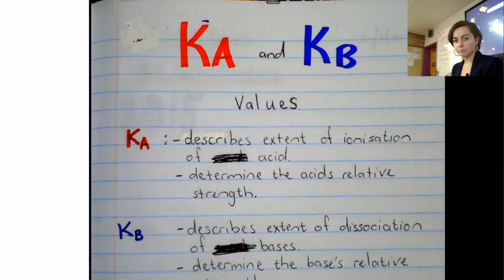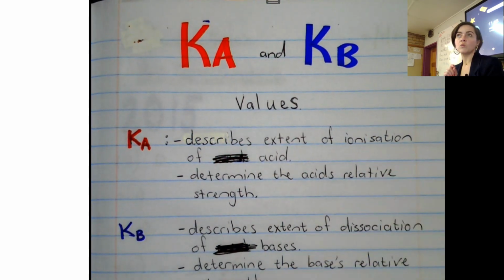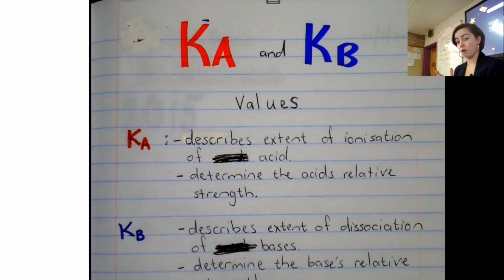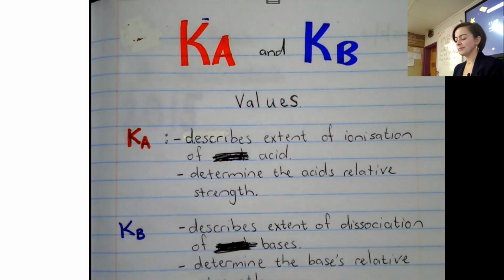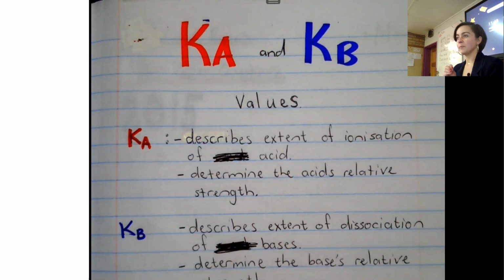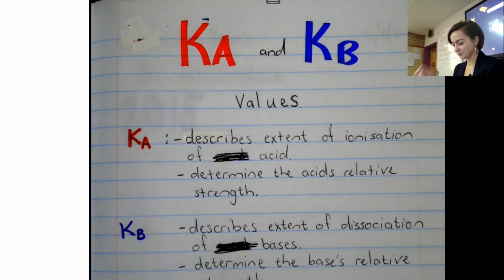This comes in when we are working with weak acids and bases, although I have seen them ask it for strong acids and bases as well in question papers, which is why I removed the part that says it's only for weak acids and bases.